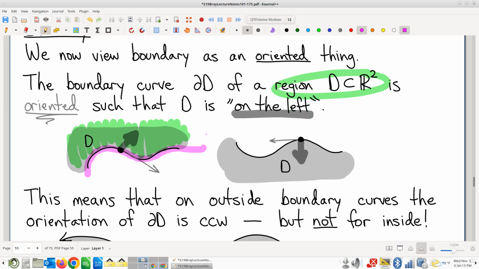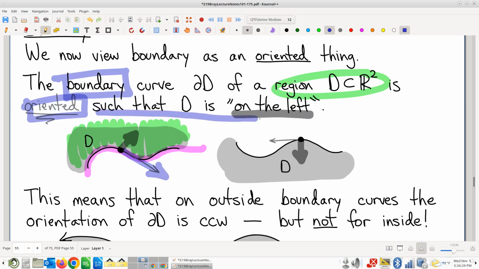The orientation, what we mean when we say the word boundary, boundary means oriented. In this case, this direction, specifically that direction, as described by this criterion: you go whichever direction puts the grassy field on your left.